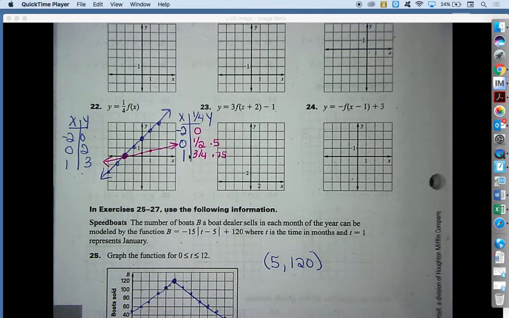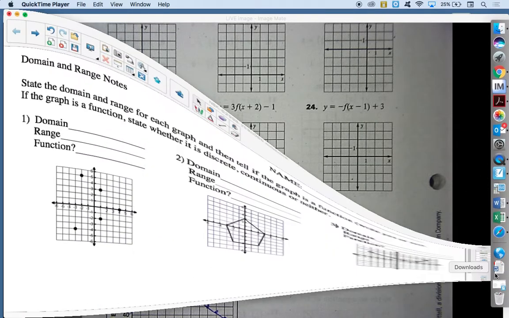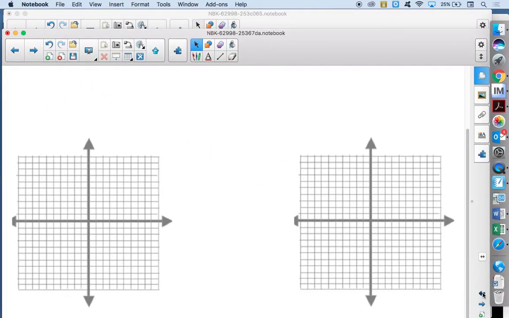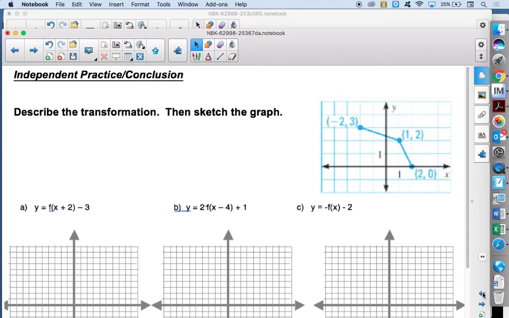Questions? How about from the book? Are there questions from the graphing problems in the book that you'd like to go over? Were the first two questions the same ones we did in the packet? The first two, I didn't redo them. They were already in the packet.